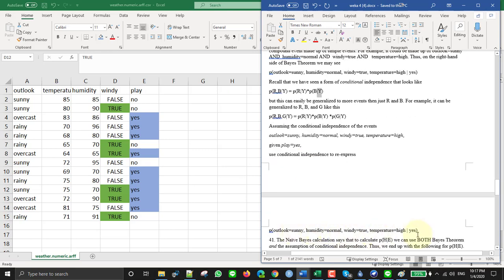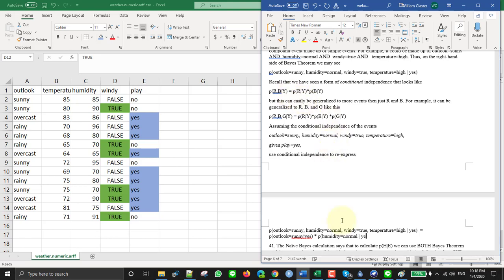So what does it turn out to be? Well, if we assume that these are conditionally independent given yes, then we're going to get the probability that outlook equals sunny given yes, times the next one, and times the next one, and so on.